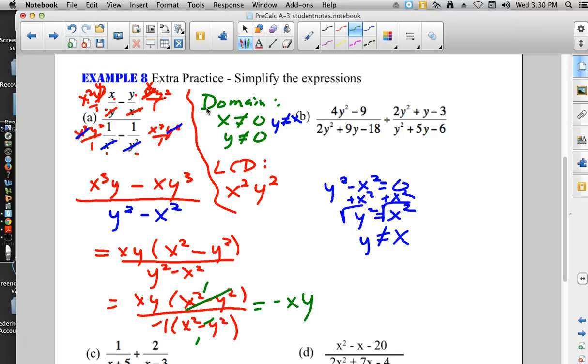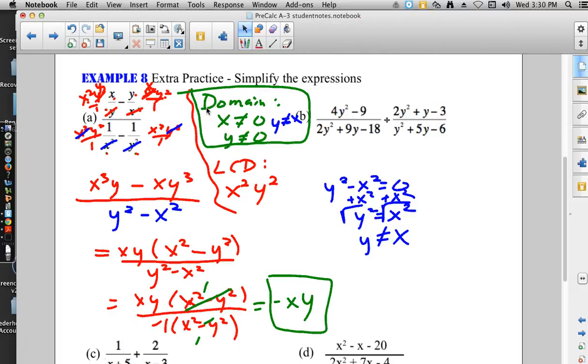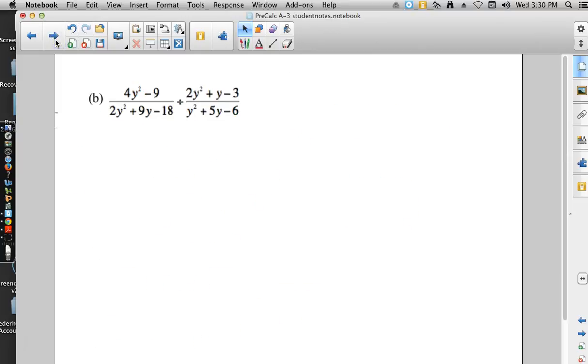And we check that out and we say, well, now we don't even have a denominator anymore, so we're not going to have any more domain restrictions. There's our answer. And there are our 3 domain restrictions. X can't be 0, y can't be 0, and y can't be x. And obviously I write too big, so I cheated, and I put this one up here.